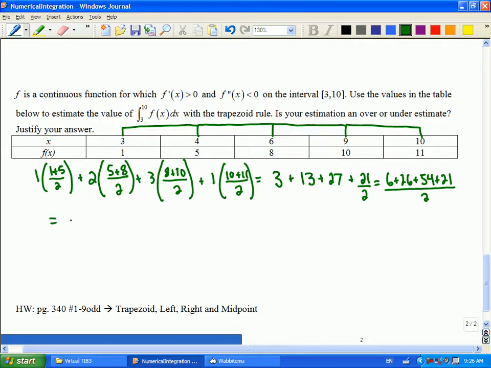So 52 and 54 is 106, so 127. Okay, so that's what I have as my estimate.